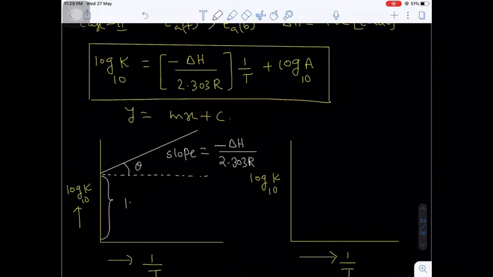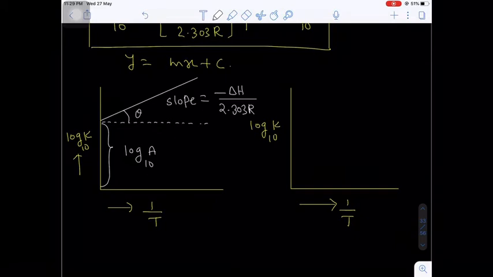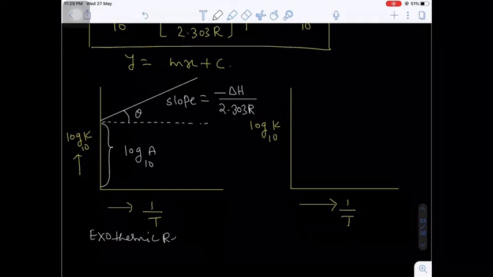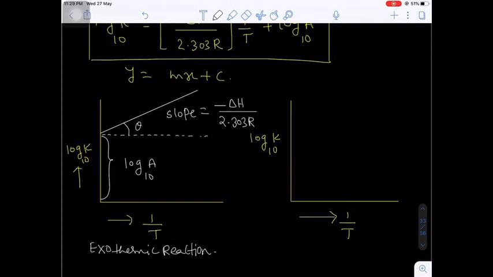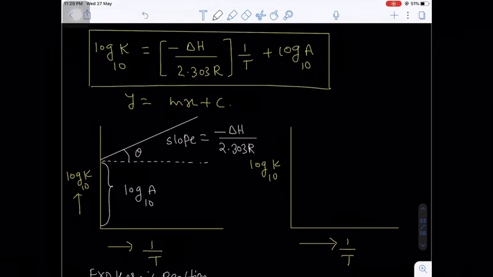Now from here to here, this is called the intercept on the y-axis, which is nothing but log A to the base 10. This reaction corresponds to an exothermic reaction.